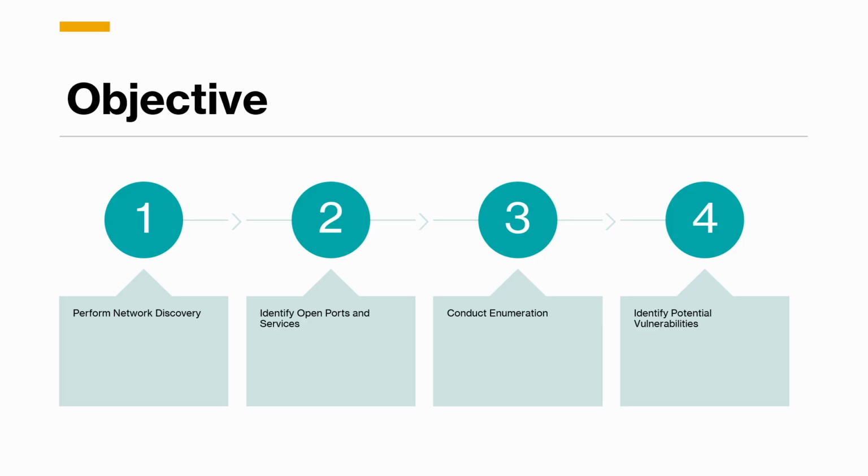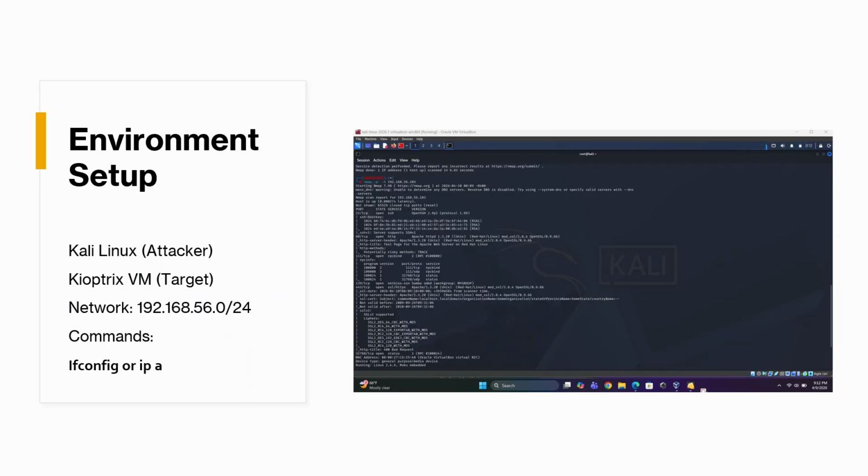services. The environment consists of two virtual machines running inside VirtualBox on the same isolated network. Kali Linux serves as the attacker system, while CYB610 is the intentionally vulnerable target. Both systems are configured within the 192.168.56.0/24 subnet, which allows direct communication between them.